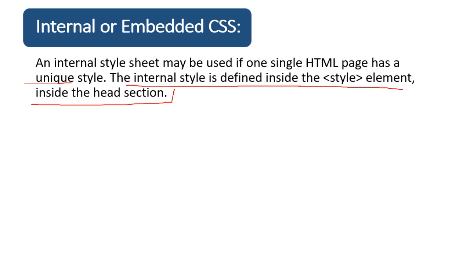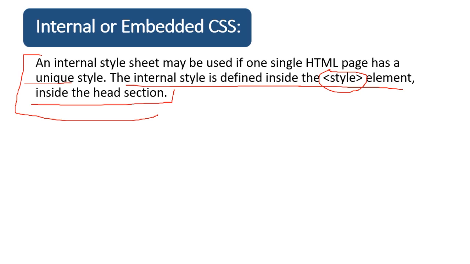Whenever you write internal CSS, it has to be declared inside the head tag, using the style tag. This internal CSS is what we learned in our last class. Remember that internal CSS is used when you want a unique style for a particular page, only for a single page.